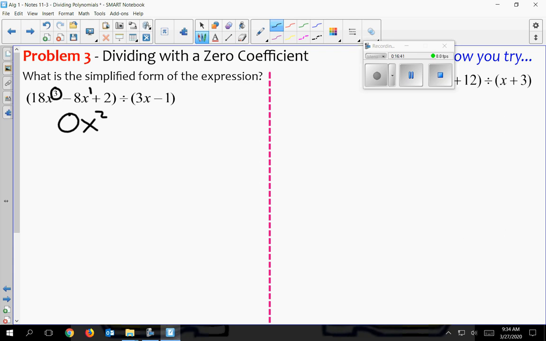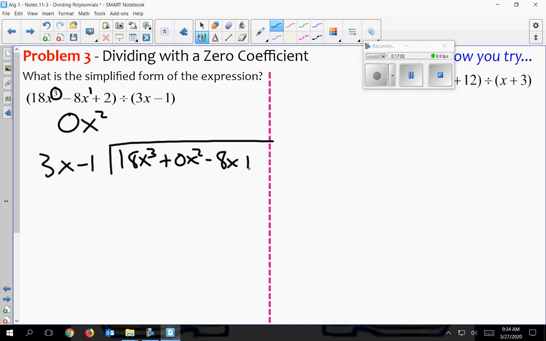Okay. So 3x minus 1, I'm going to divide it into 18x to the third, plus 0x squared to hold my place, minus 8x, plus 2.